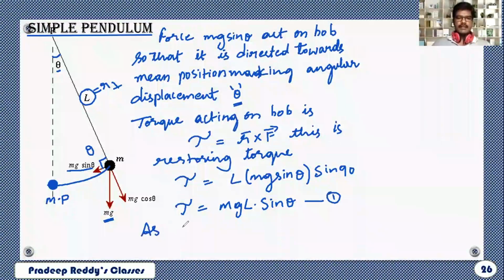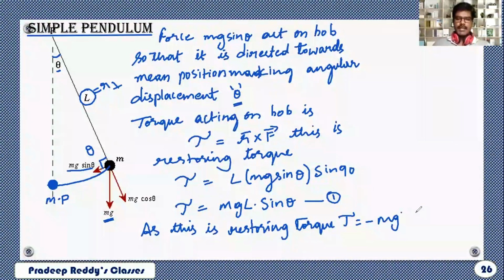As this is restoring torque, tau can be written as minus mgl into sine theta, and for small angles sine theta can be nearly written as theta.